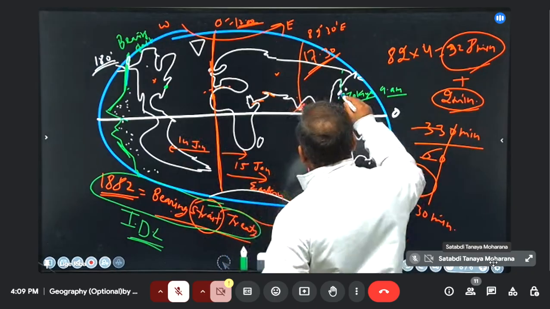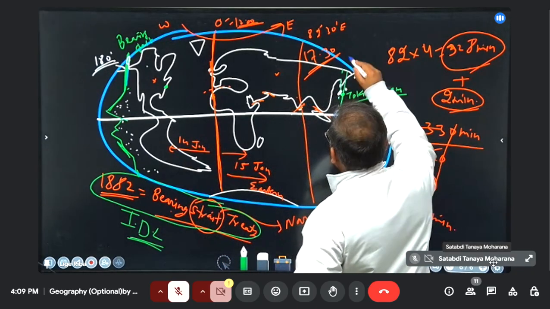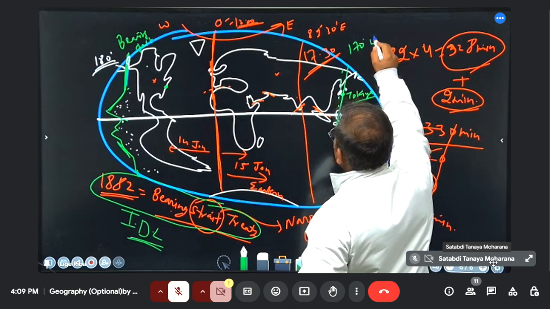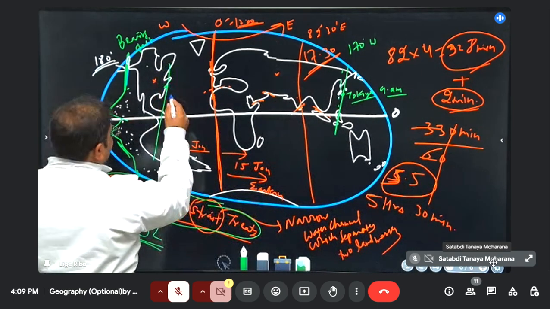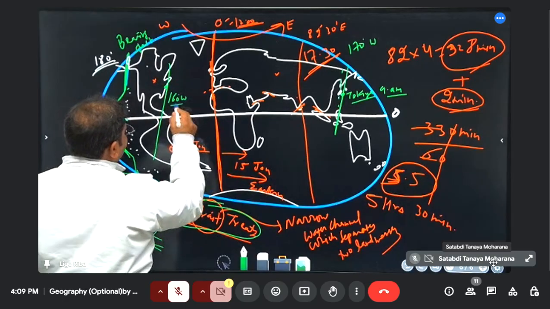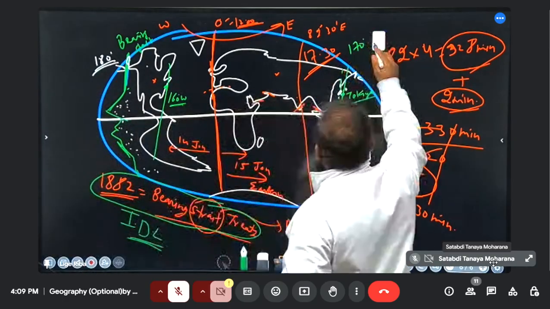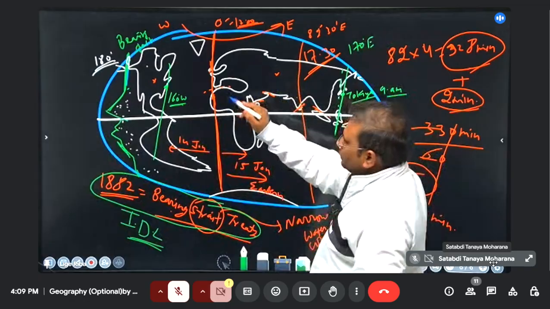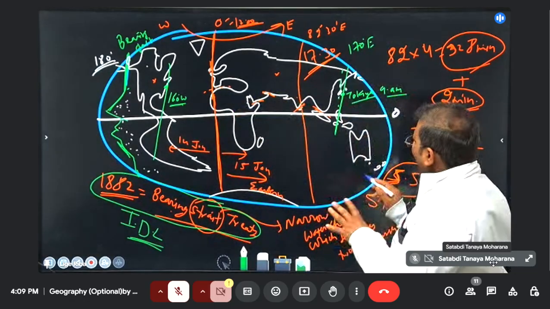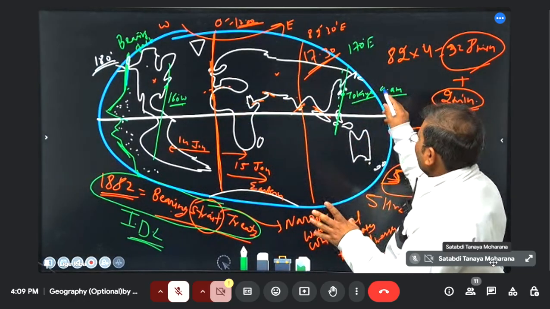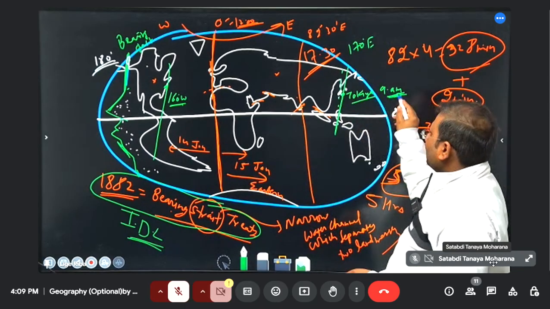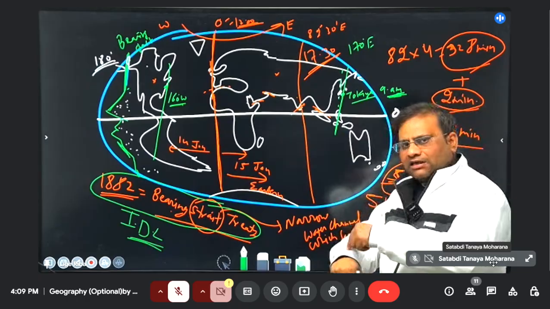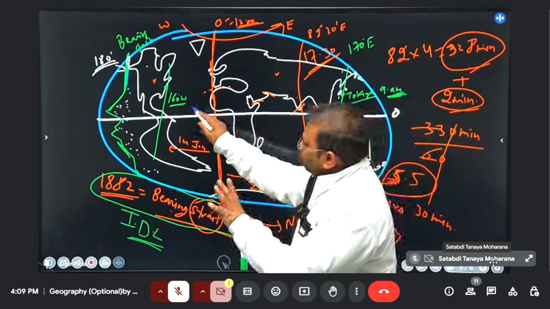Suppose Tokyo is at 170 degrees east, and New York is at say 160 degrees west. The flight only takes 2 hours. So at 9 a.m. on this clock, a passenger is sitting here at 9 a.m. He sets the clock as 9 a.m. At 11 a.m. the flight reaches there.